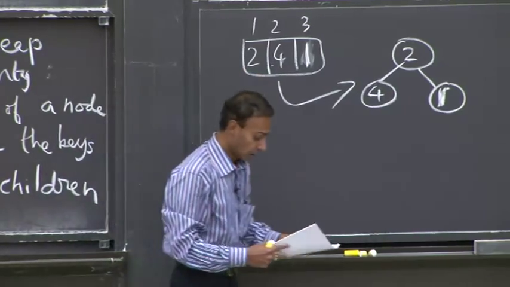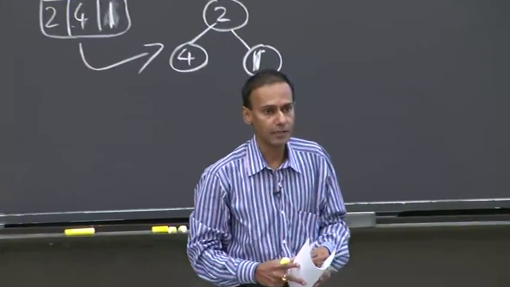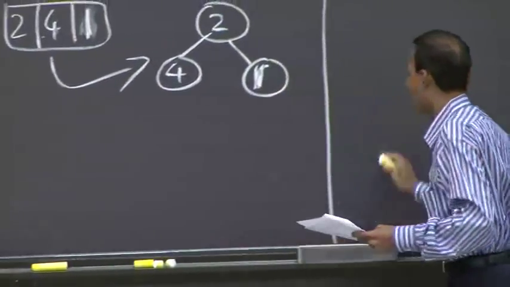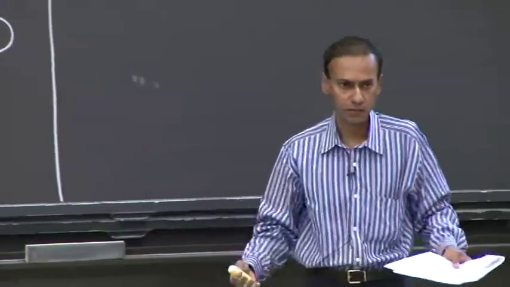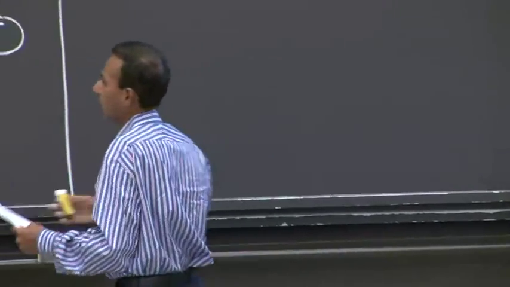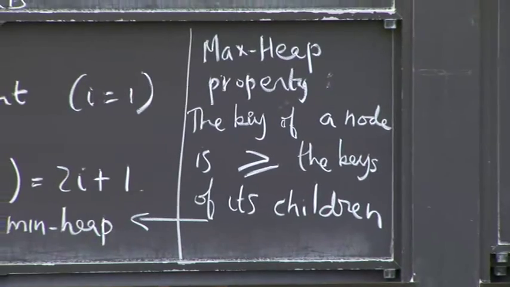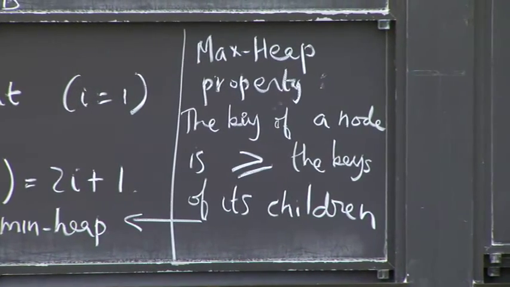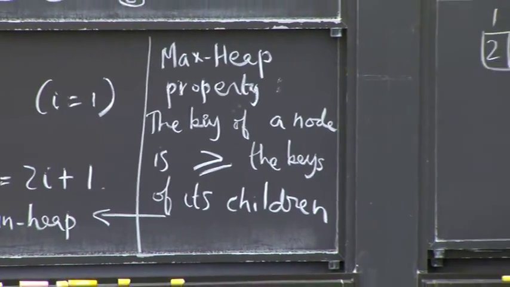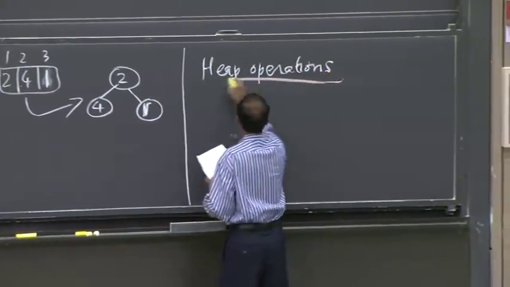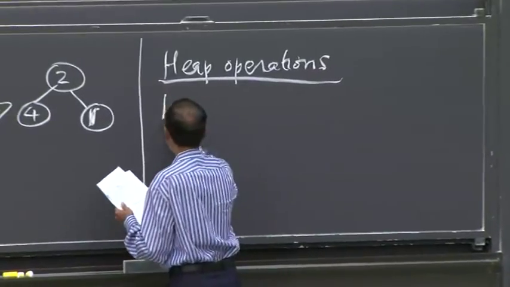Okay. So let's dive into heap operations. I'm going to have to spend some time describing to you a bunch of different methods that you would call on a heap. And all of these methods are going to have to maintain our representation invariant, or the max heap property. So what are the heap operations that we have to implement and analyze the complexity for?